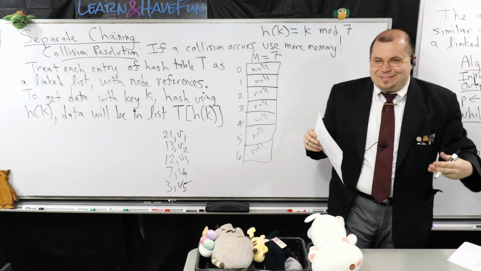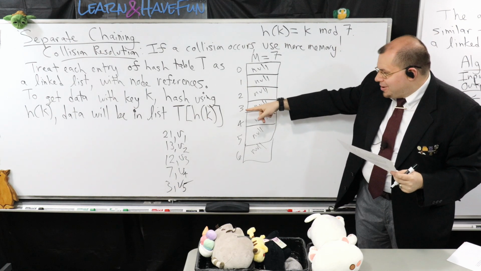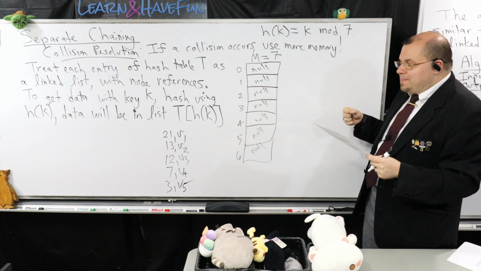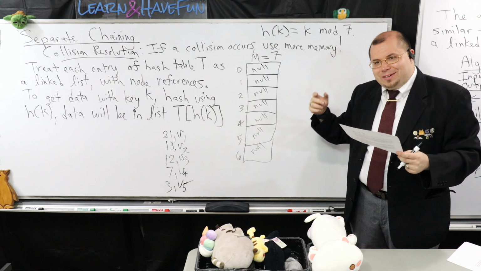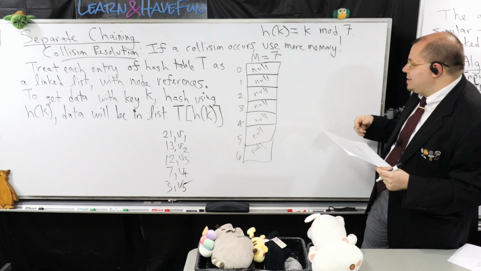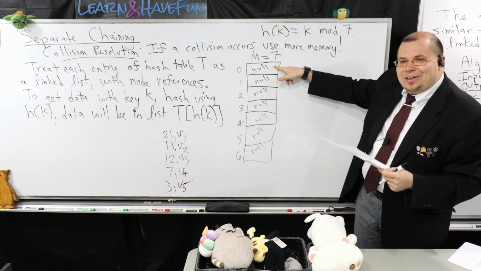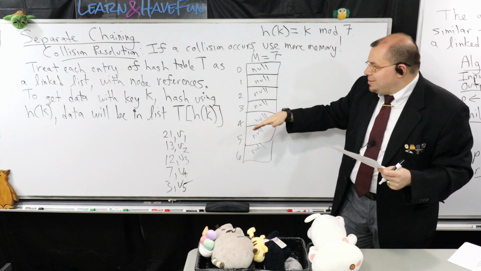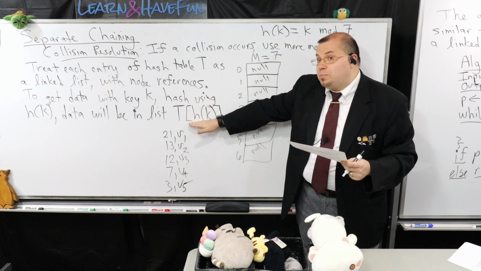So we're going to walk through this by trying to put each one of these records in, starting from the top, working my way down into this hash table. First thing, 21 divides by 7, right? Because 3 times 7 is 21, so you know it's going to be right here in the very first slot. When I want to put it in, I'll access T sub h of k to find the pointer.